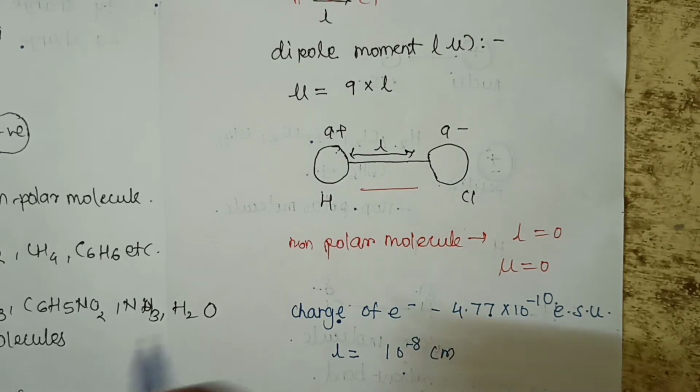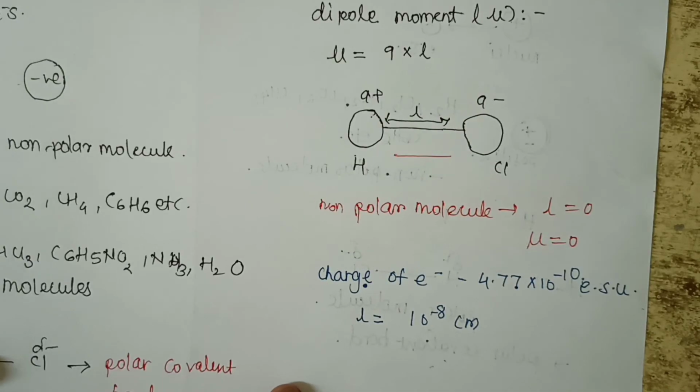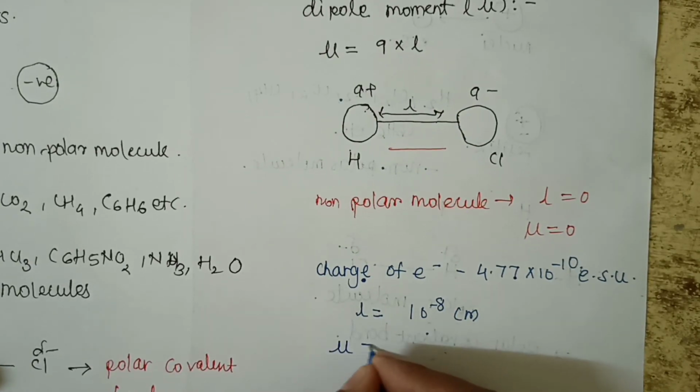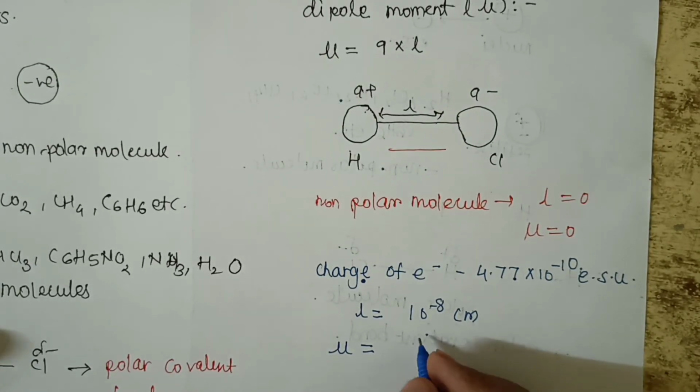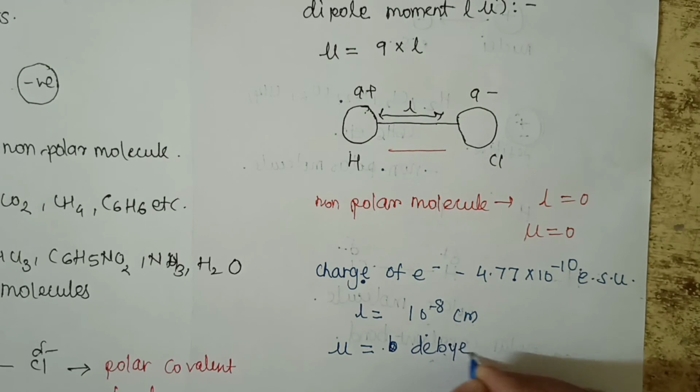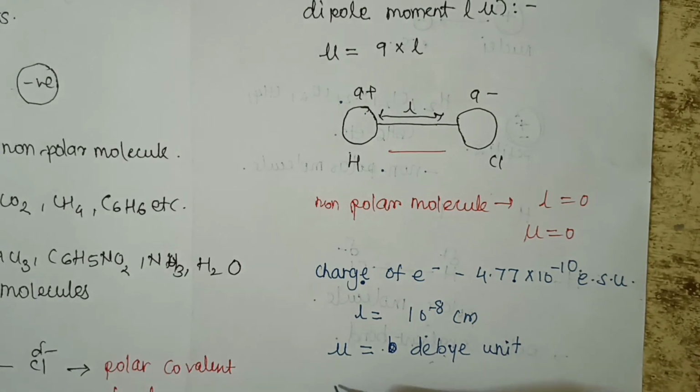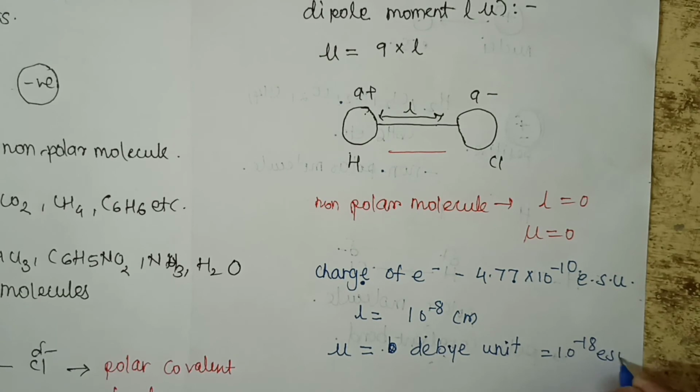So what is the unit of mu? The dipole moment is given in the Debye unit, and it is in the order of 10 to the minus 18 ESU.